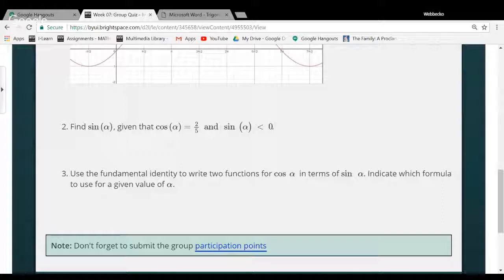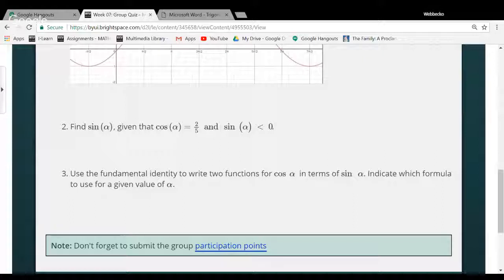All right. So I'm guessing we're just writing the fundamentals. Well, we have to write 2 functions. With what you showed me on the fundamentals, one of the functions for cosine, in terms of sine, tangent equals sine over cosine, right?